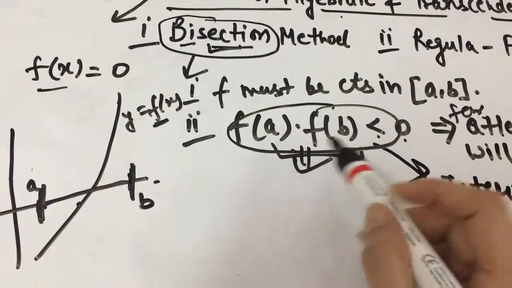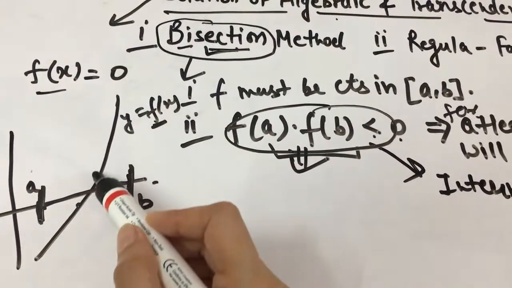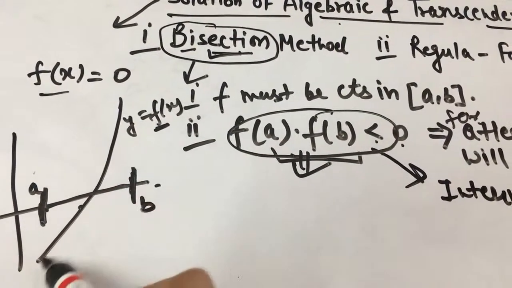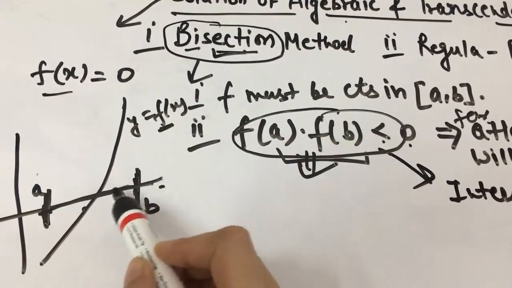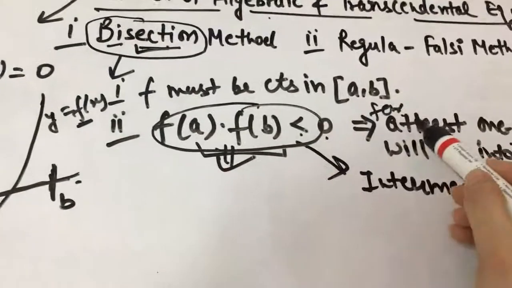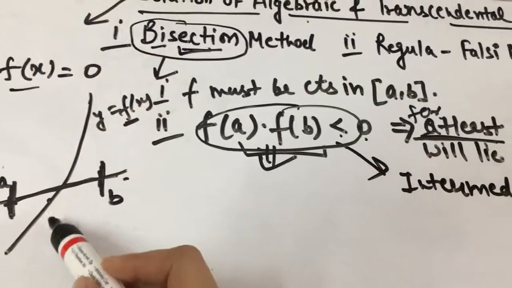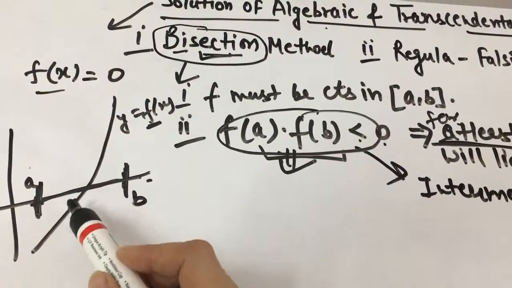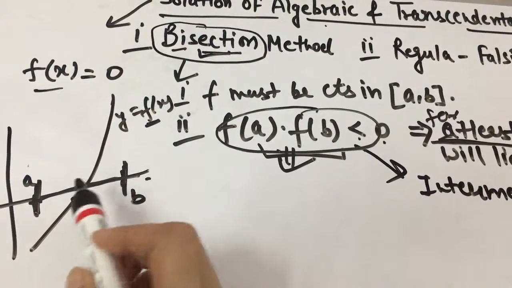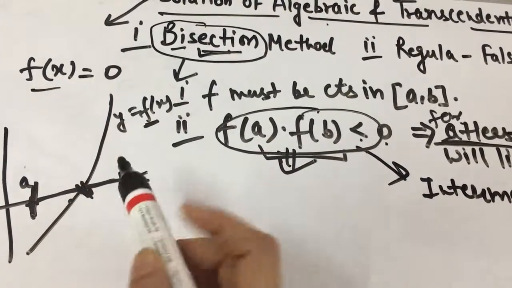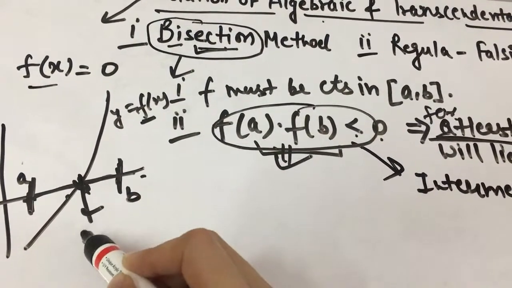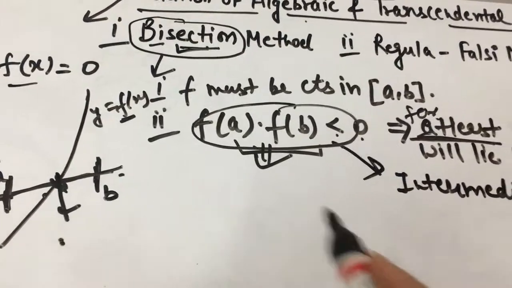If this happens, then the curve cuts the x-axis at least once. At least, it can cut more than once. Hence, where the curve cuts the x-axis, their roots appear. Hence, this is the first root.